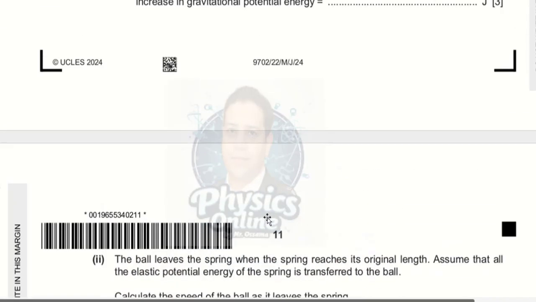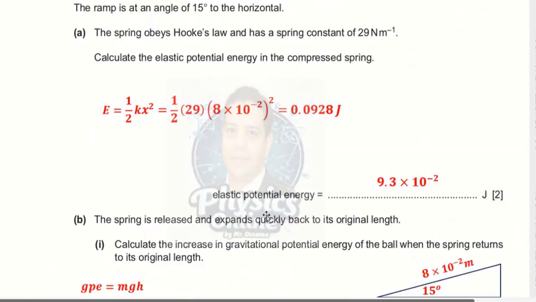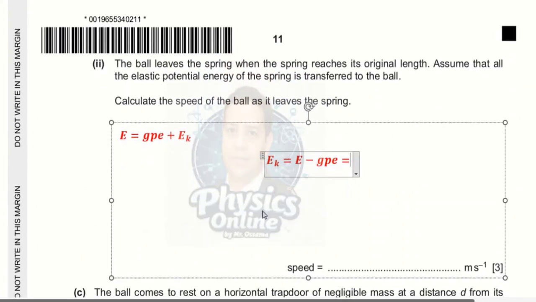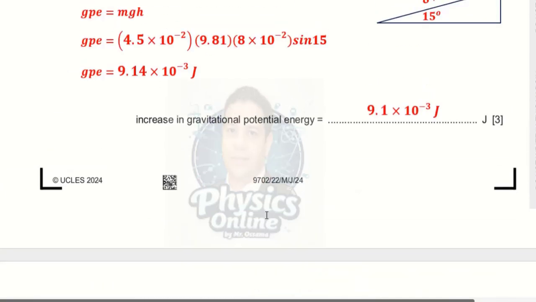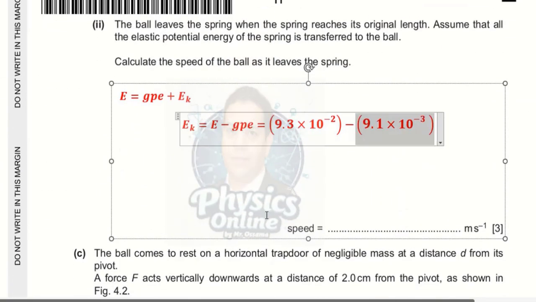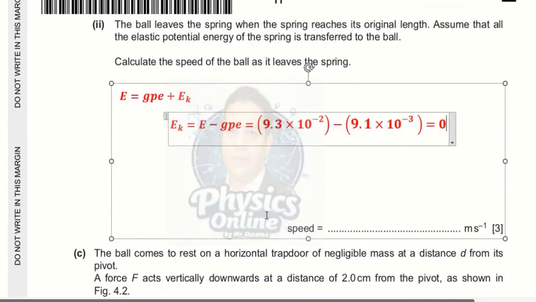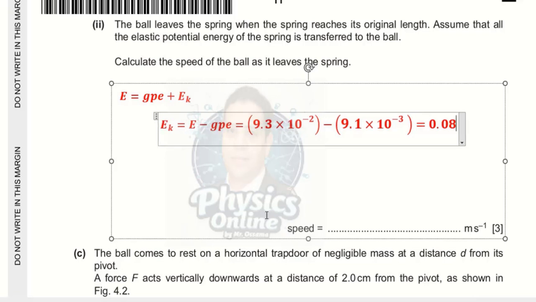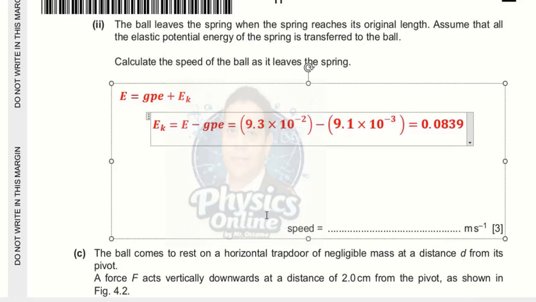The elastic potential energy we calculated here is 9.3 times 10 power negative 2, and the gravitational potential energy is 9.1 times 10 power negative 3, which equals 0.0839 joule.